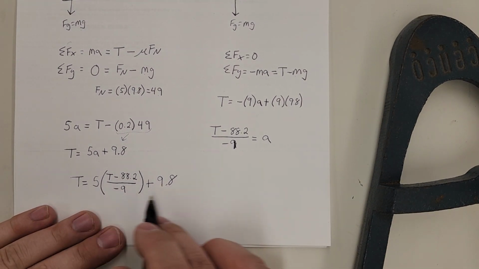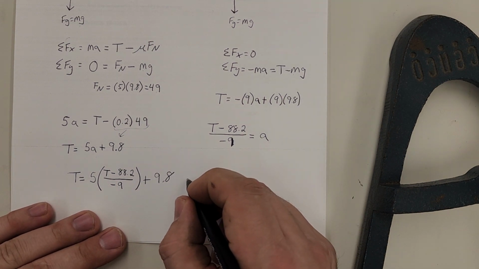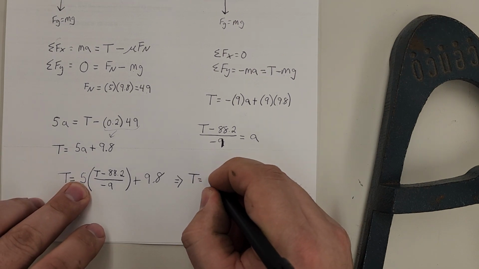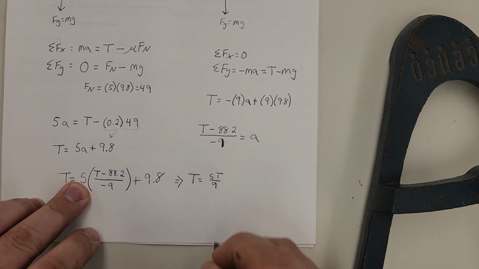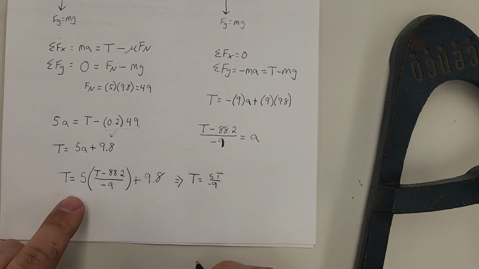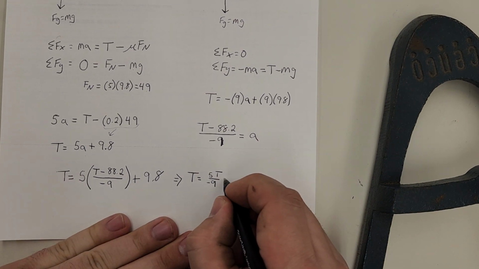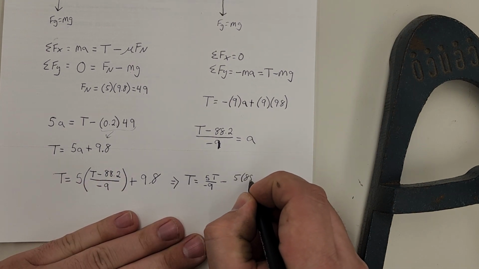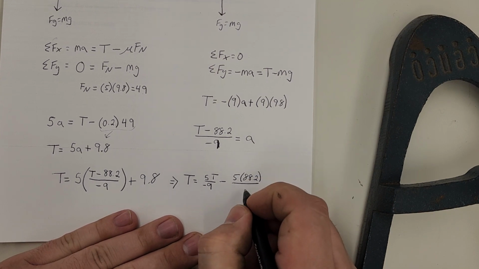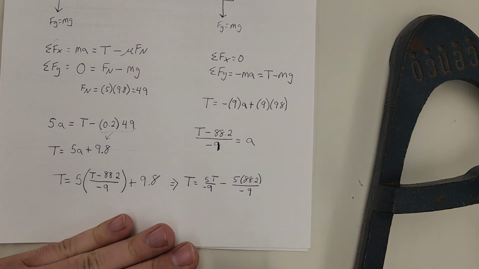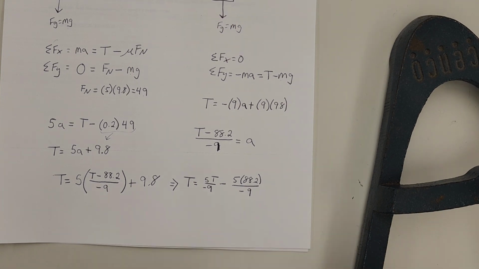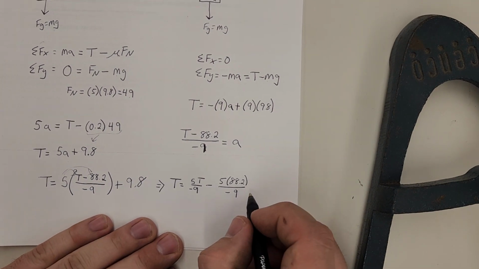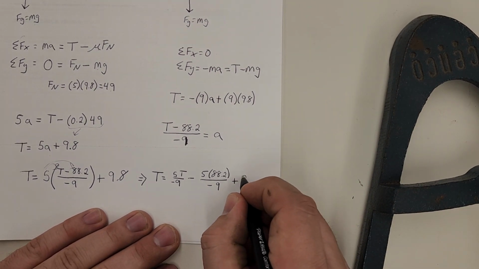So I'll rewrite this as t equals 5t over negative 9, minus, and then I'm going to incorporate the 5 into that, so I'll have 5 times 88.2 over negative 9. All I've done here is take the 5 and distribute it, making it into 2 fractions. Now that is plus 9.8.